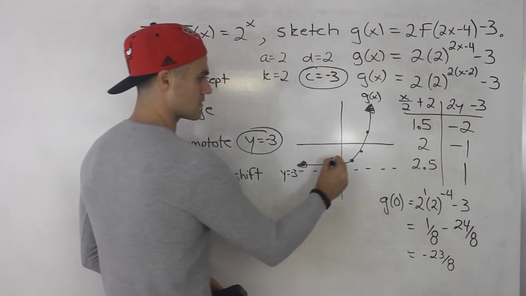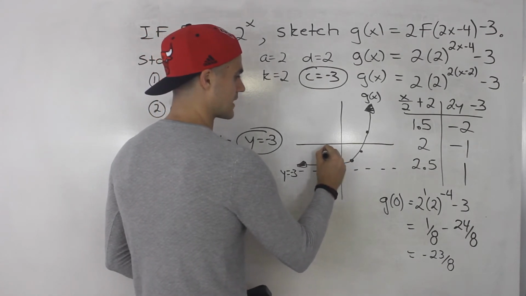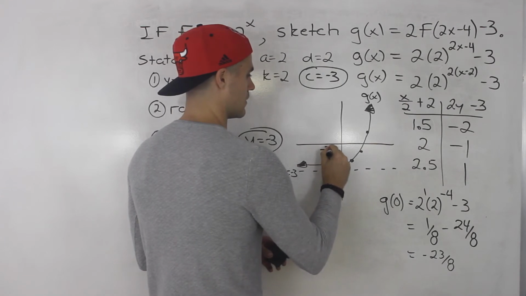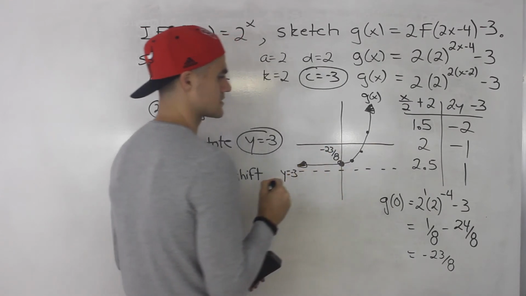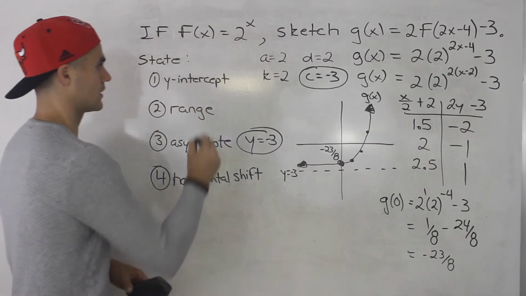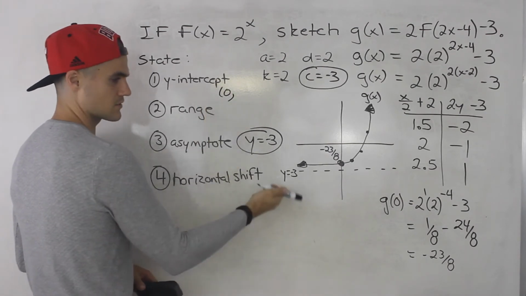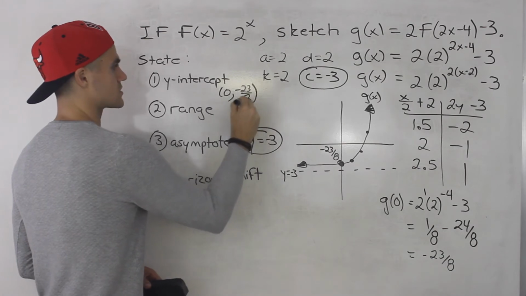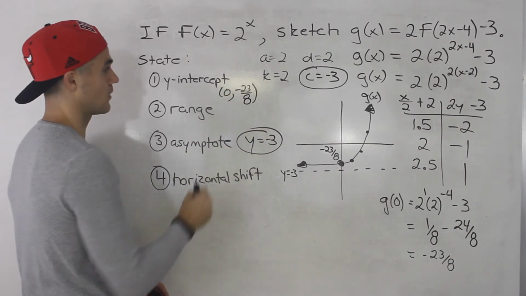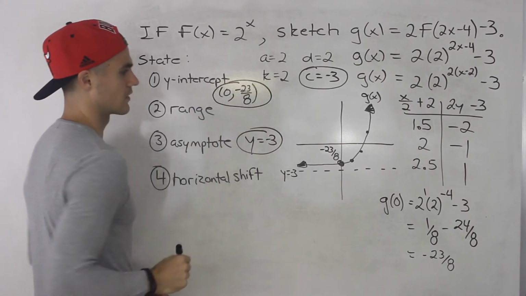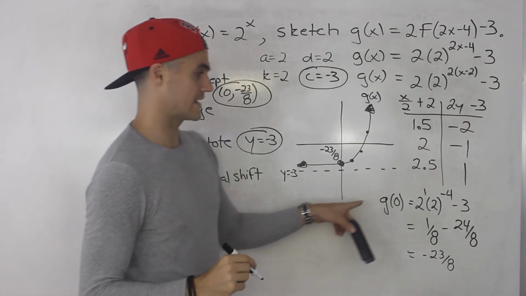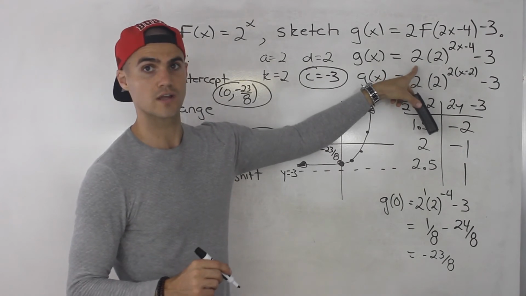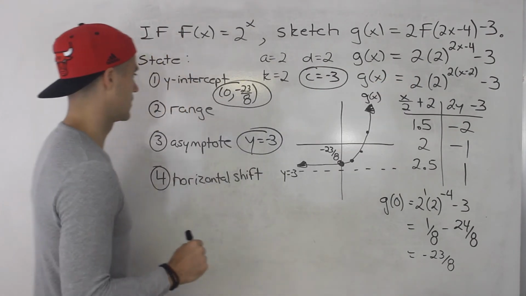So the y-intercept is negative 23 over 8, with a coordinate of an x value of 0 and a y value of negative 23 over 8. You can also get the decimal of that in your calculator. So that's the y-intercept, and we had to algebraically get it by plugging in 0 for the transformed function.